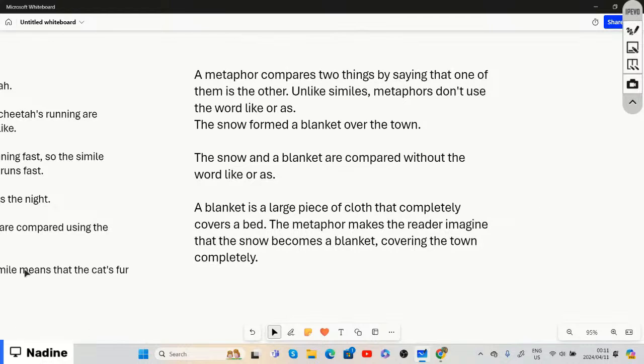So if we look at an example of a metaphor, and we said a metaphor compares two things by saying that one of them is the other one, right? So when it comes to metaphors as well as similes, right?